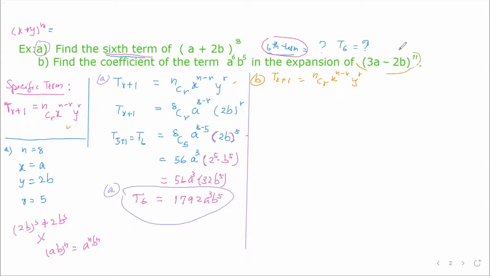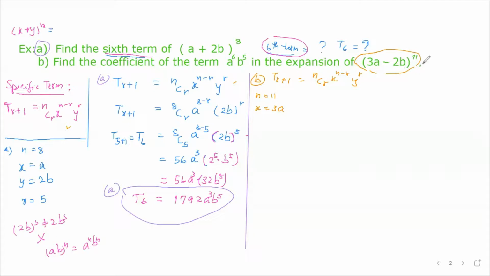From this, we want to find the coefficient of the term a power 6 b power 5. So in this case, n equals 11, and x right now equals 3a.